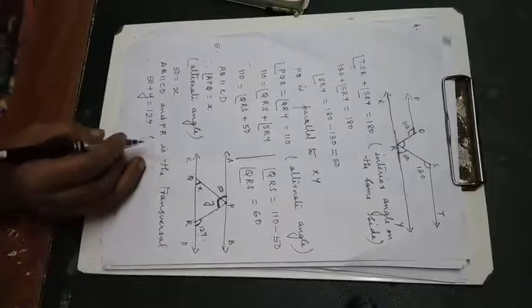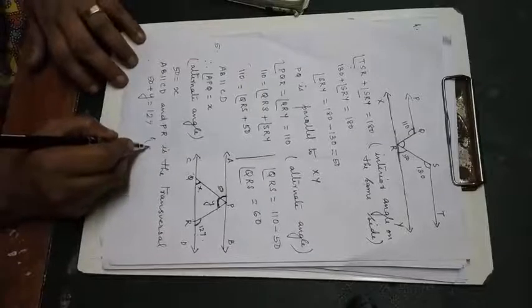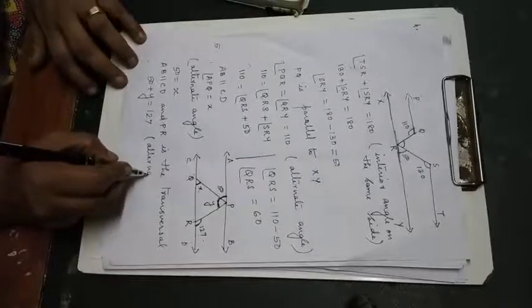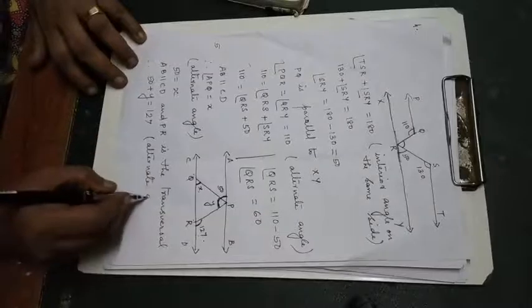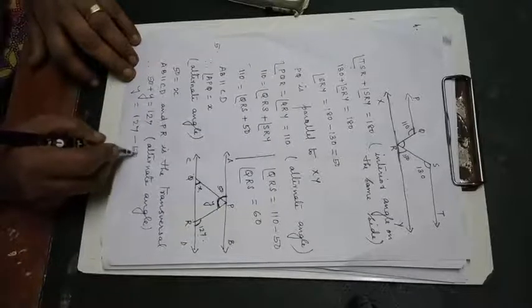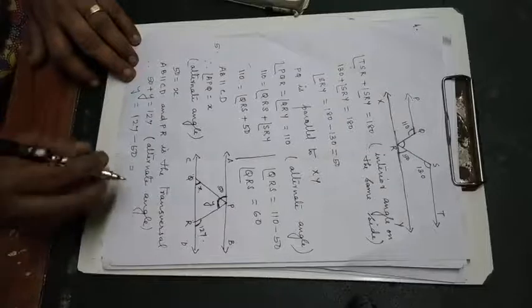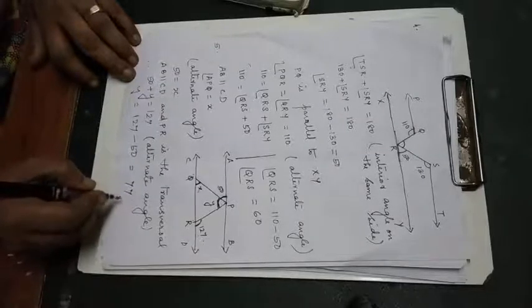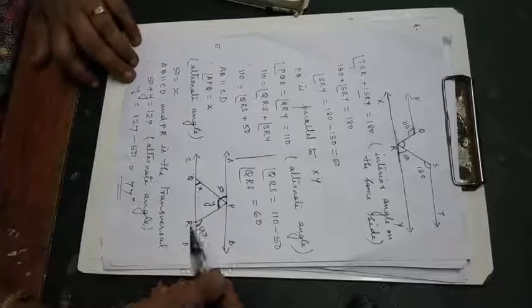Reason, alternate angle. So y will be equal to 127 minus 50. That will be 77. So y is 77 and x is equal to 50.